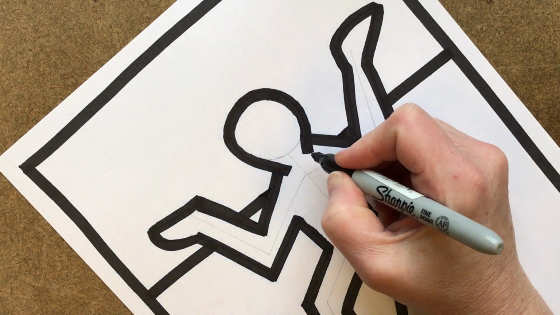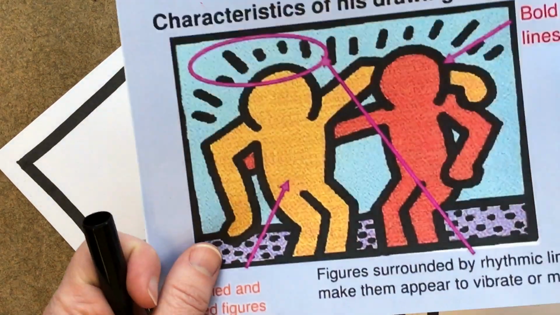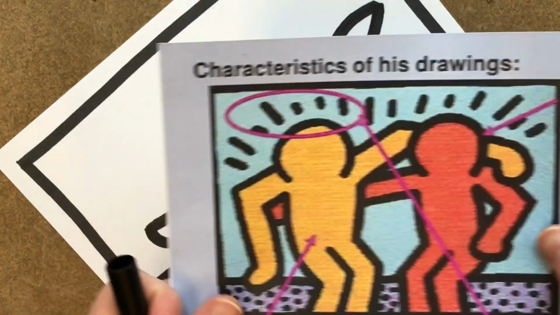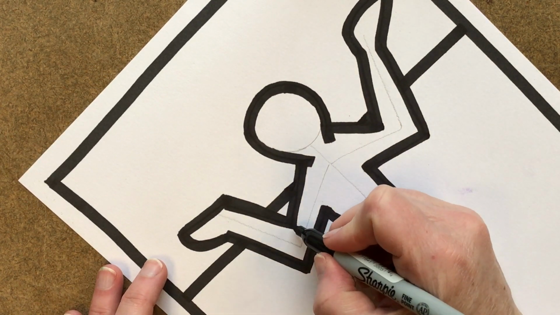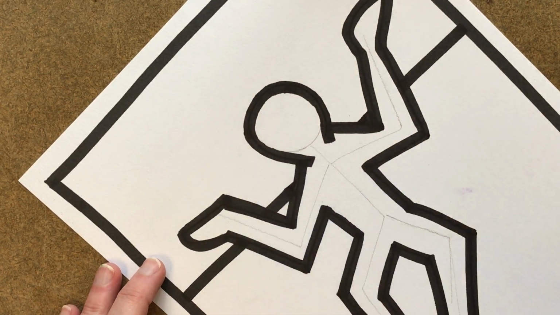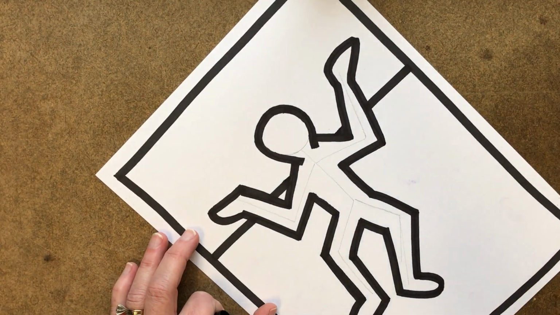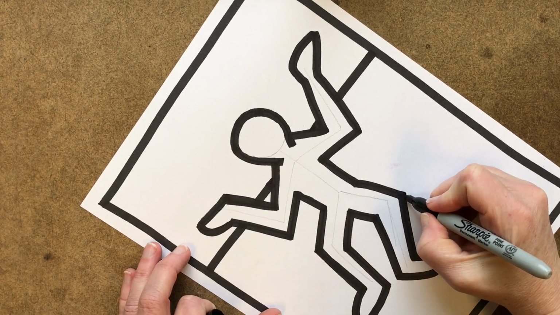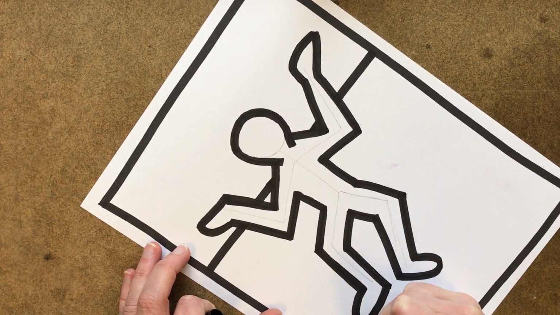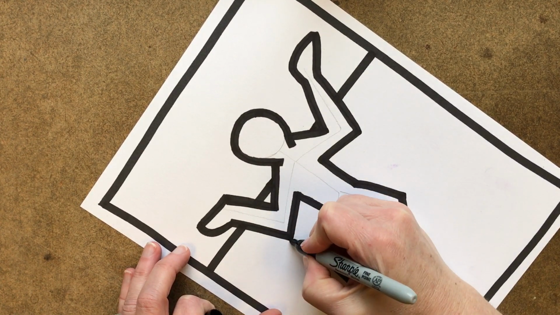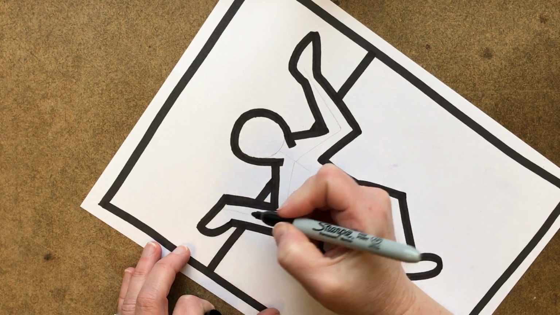Now I want its head to go in a little bit, because see how the heads went in a little bit? So I want that head to go in a little bit like that. But any line that maybe doesn't meet up, I'm going to go back in and kind of fix just with that little marker.